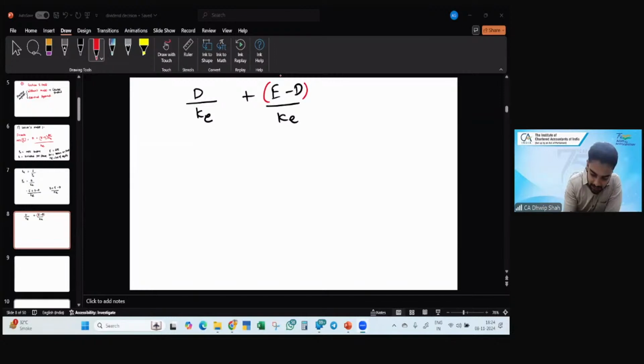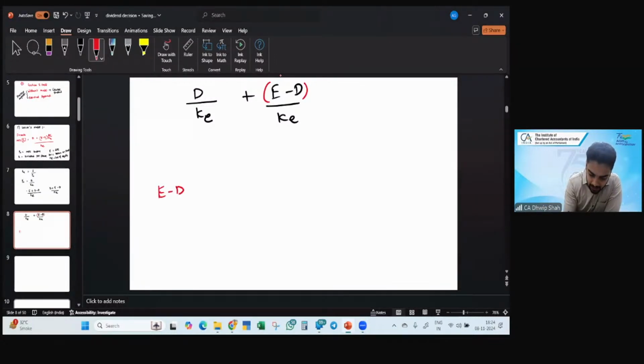So this E minus D is nothing but the reserves that the company has. And this E minus D, what Walter did, he multiplied it by ROI divided by K. He just multiplied E minus D with two variables, ROI divided by K.